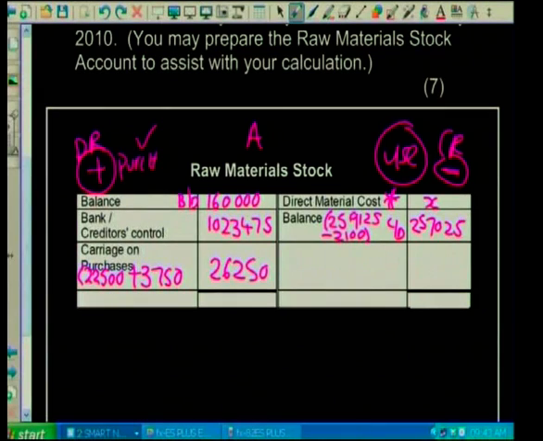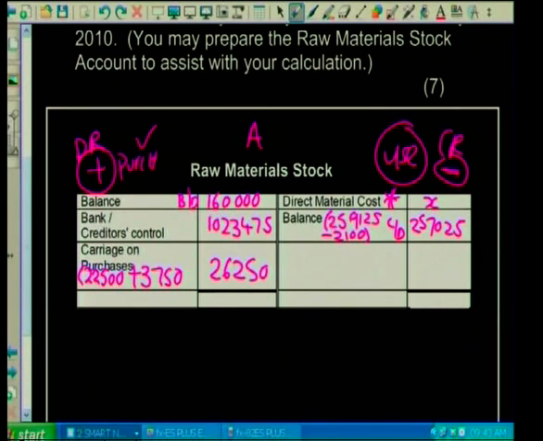So if I need to calculate my direct material cost, in other words, this amount here is my unknown, I'm calling it X for now. All I'm going to do is add up everything on the debit side minus what I've got on the credit side to give me this unknown amount, my direct material cost.